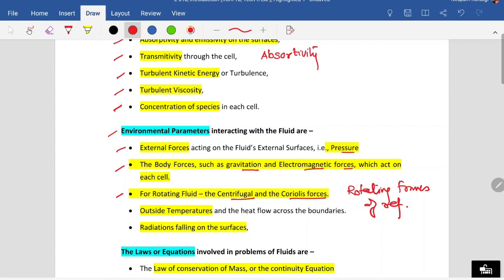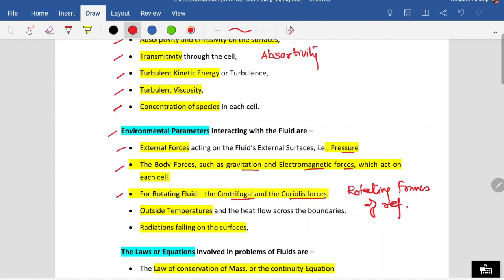And then two forces, this Coriolis force and your centrifugal force, come into play. Come into play in the sense they are not really there. It is the equation which gets unbalanced, because you are applying Newton's law, which is valid in an inertial frame of reference, in frames which are rotating.